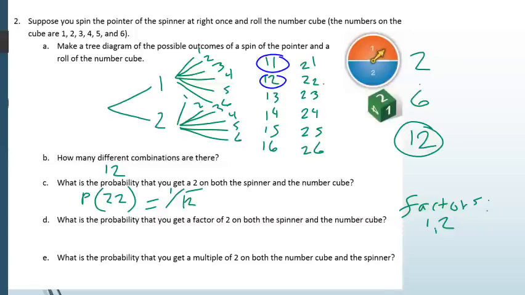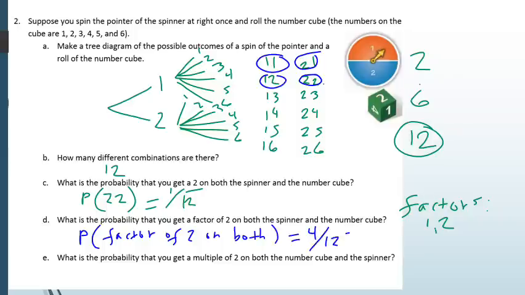I'm looking through because I want a factor of 2 on both of them. I have 2,1. I have 2,2. So I see 4. So again, my probability of getting a factor of 2 on both is going to be 4 out of 12, or 1 out of 3.